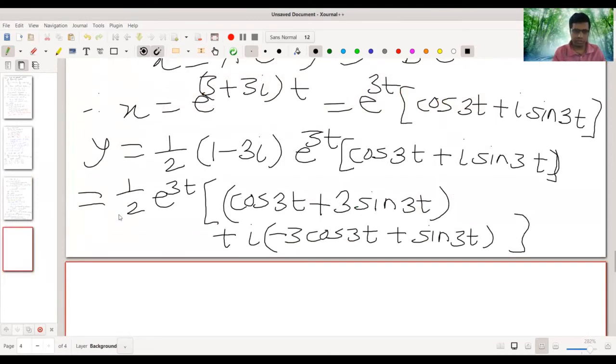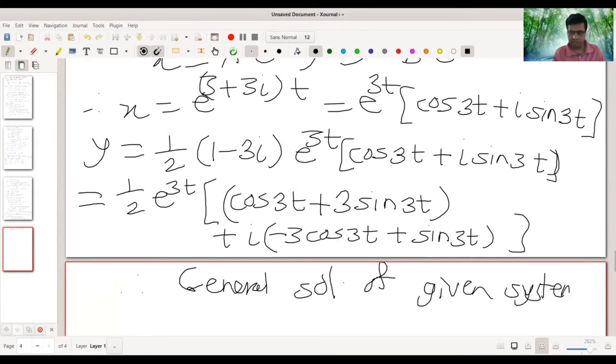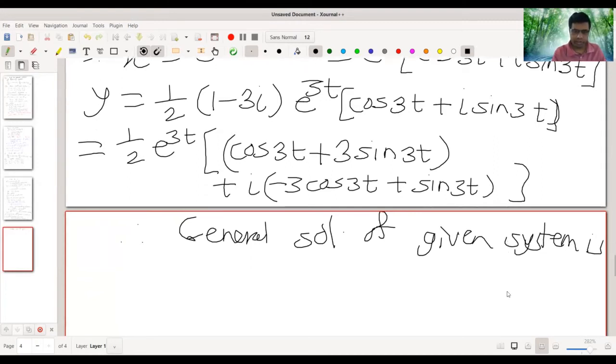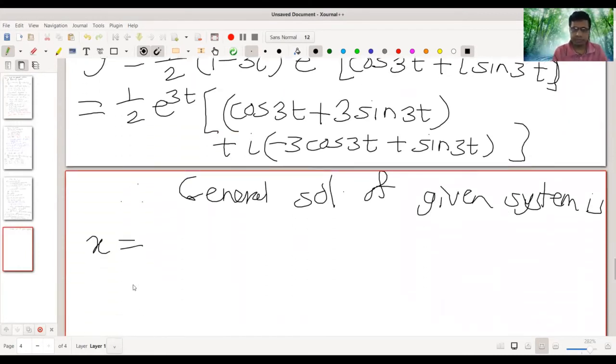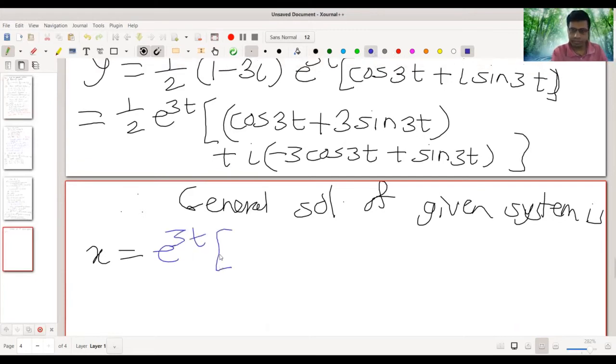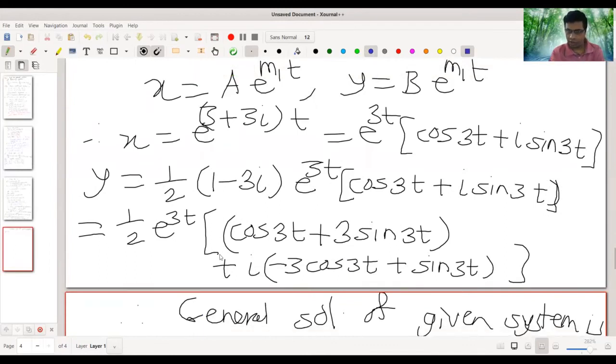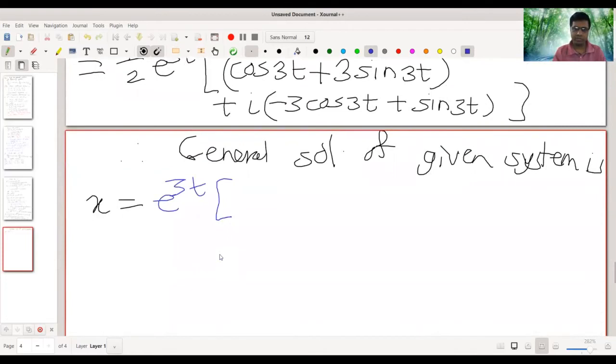Therefore, the general solution of the given system is x equal to e raised to 3t into C1 cos 3t plus C2 sin 3t.